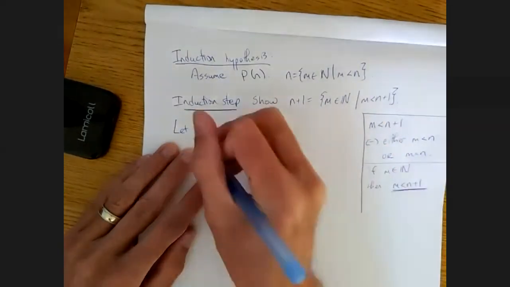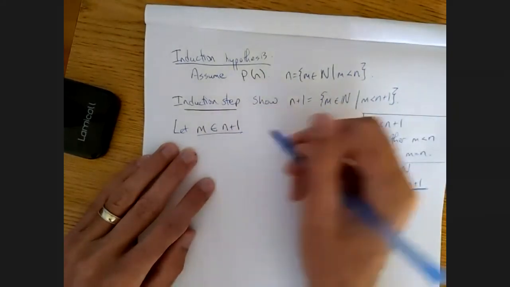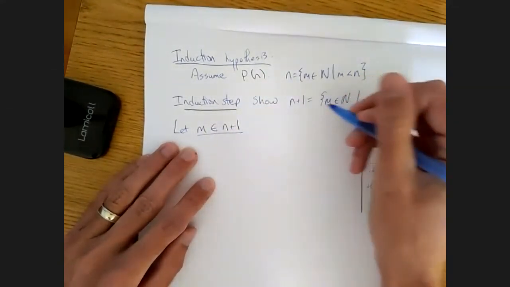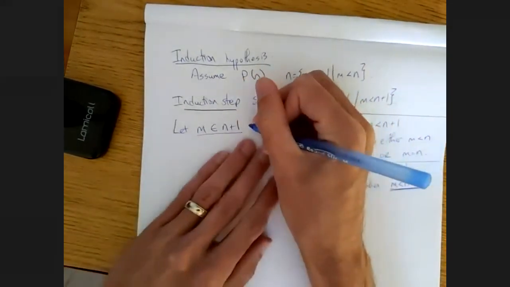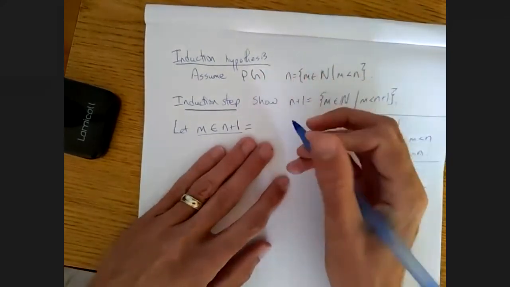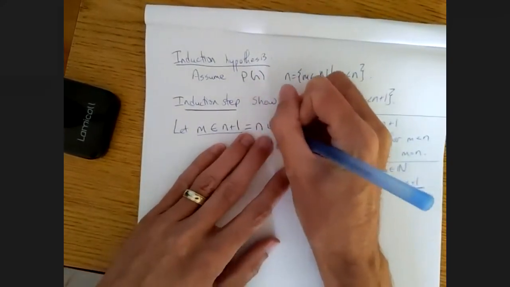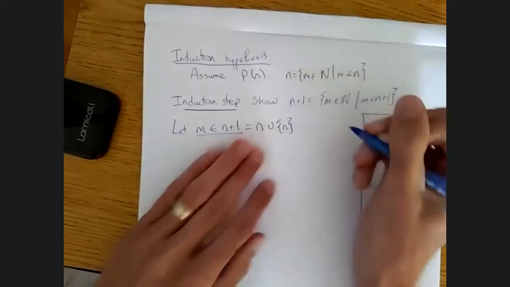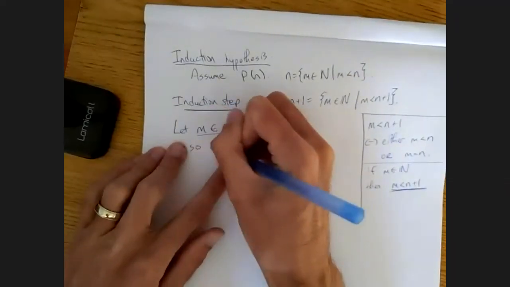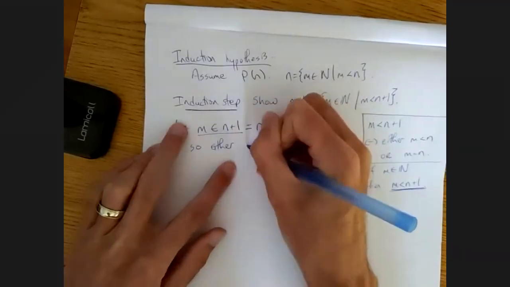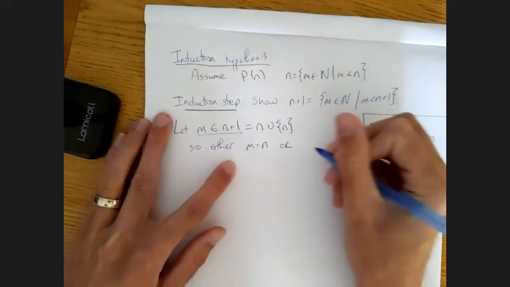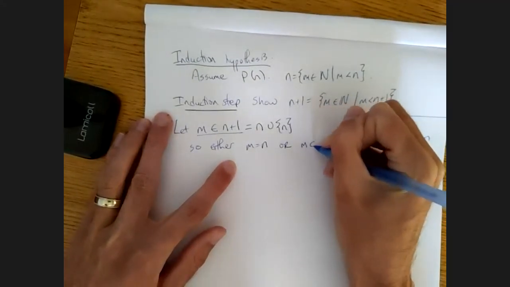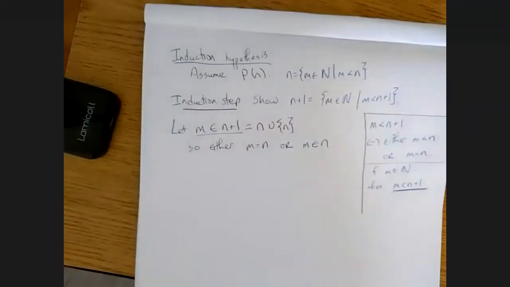So if we can show that all the elements of n plus 1 are natural numbers, then we can show that m is in the right-hand side, basically. But remember, n plus 1 is just n union the singleton containing n. So either m equals n or m is in n.